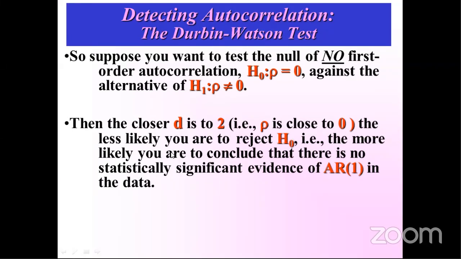Then you are less likely to reject your null hypothesis. Most likely you have to conclude that there is no statistically significant evidence of AR1 in your data, or there is no autocorrelation in your data. So bear in mind, if your calculated value of the Durbin-Watson statistic, or the D statistic, is 2, it is an indication of no autocorrelation.